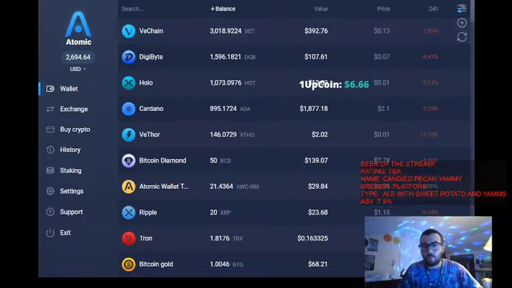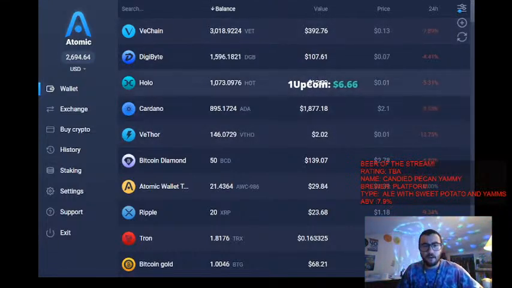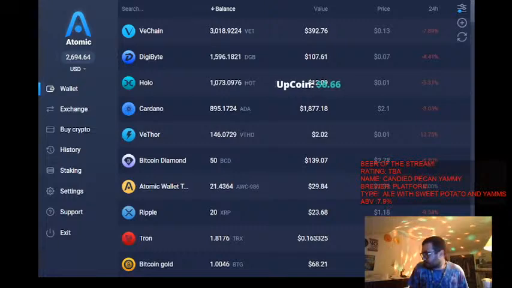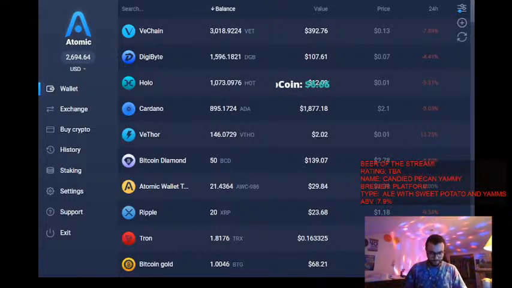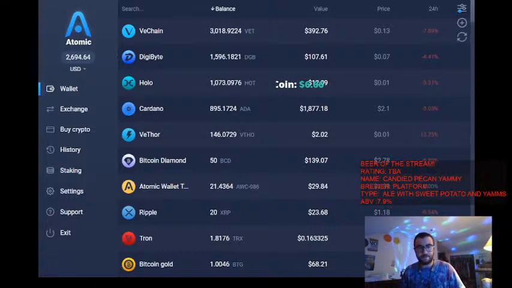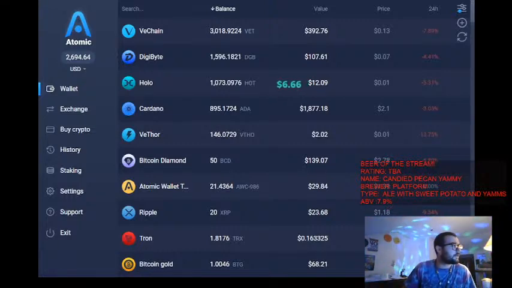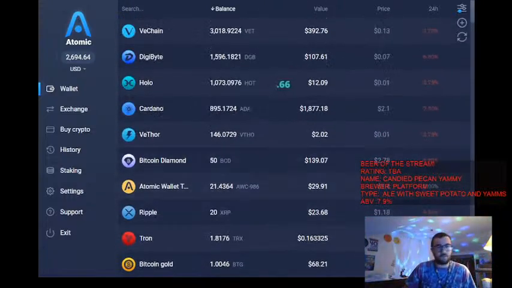All right, so when we're looking at the Atomic wallet, this is the home screen on the desktop, okay? So I'm actually going to do this on the phone and on the desktop, and we're actually going to add a coin to the wallet. I'll try to find another one, because I'm pretty sure I already got Farm added.